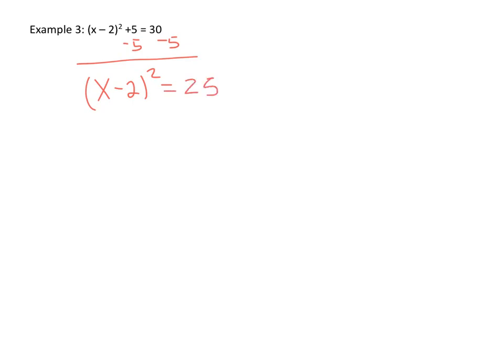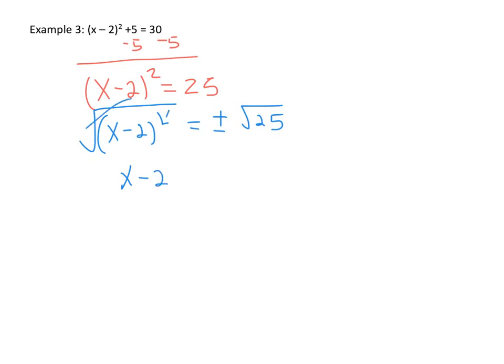And then, since I have now isolated the square, I take the square root of both sides, equal to plus or minus square root of 25. So I get x minus 2, remember, this is now gone, is equal to plus or minus 5.